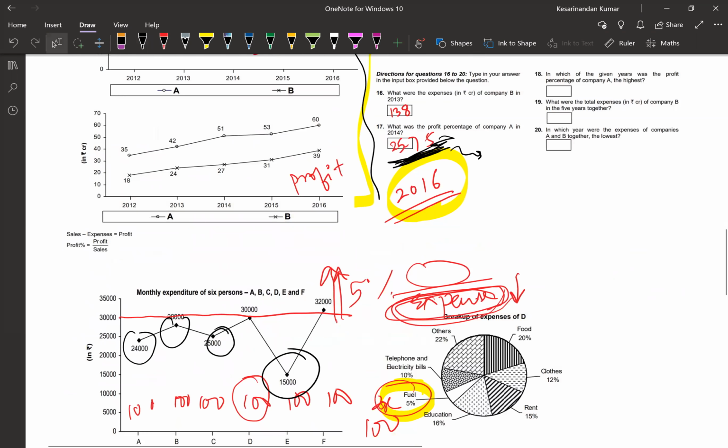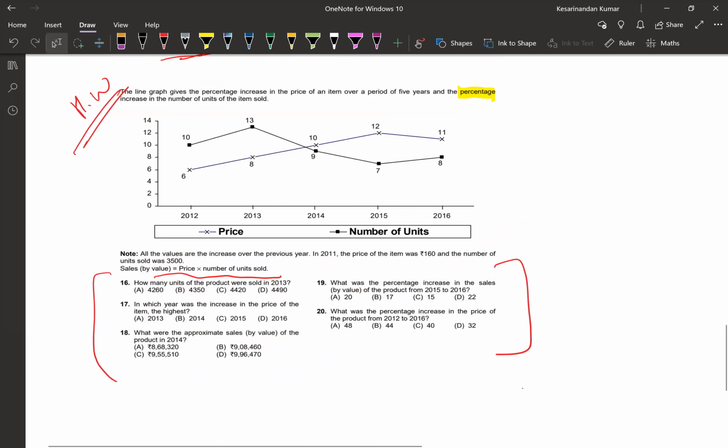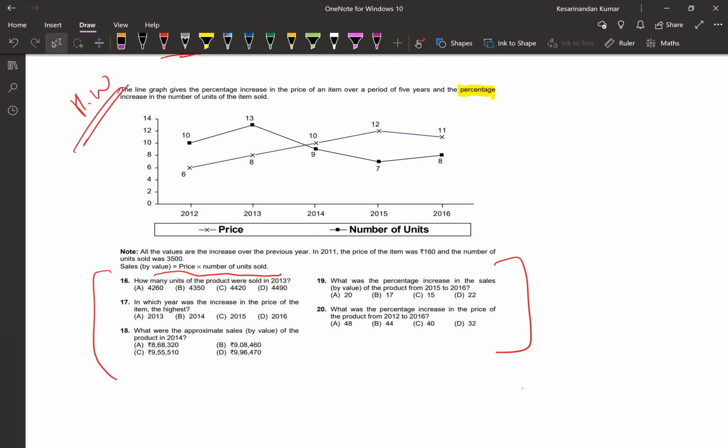So it's not that CAT can't ask easier questions, it will slip in one or two easier questions in between the difficult part. And that is where it's difficult to spot which one's easy, which one's difficult. So you should have a hang of solving easy questions as well. If you don't know how easy questions look like, you won't be able to spot them in the first place.